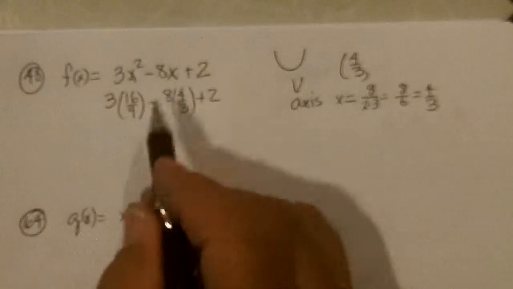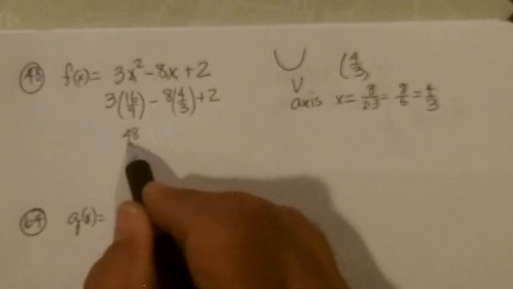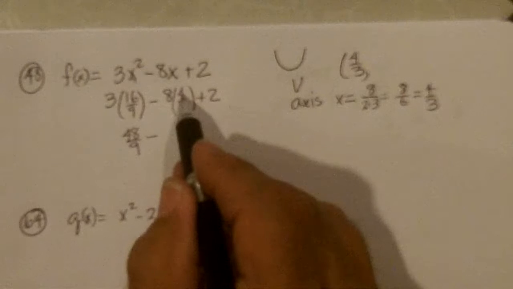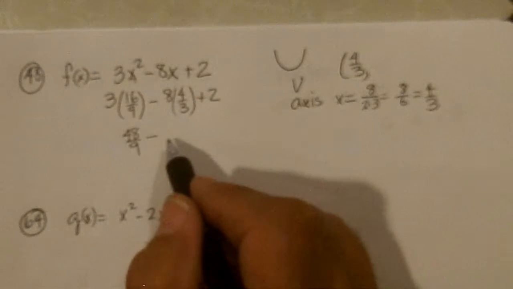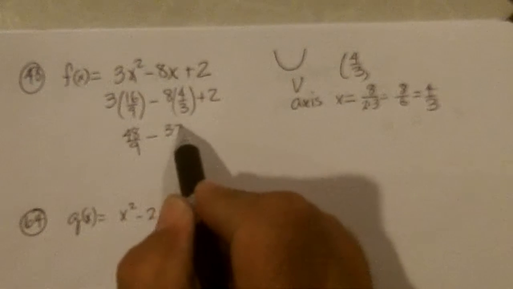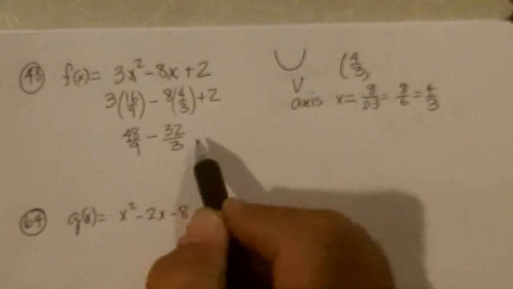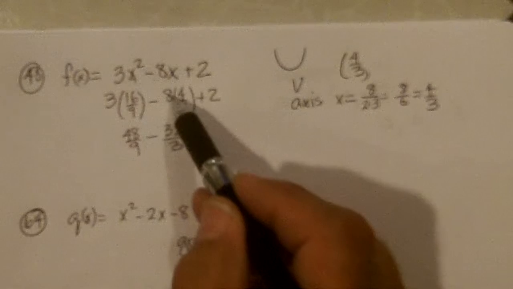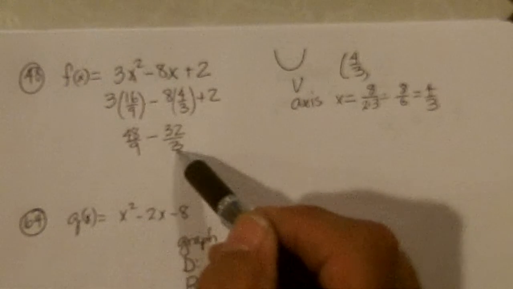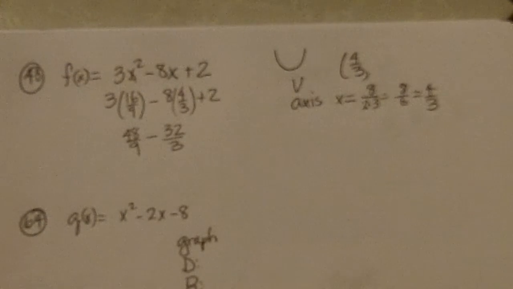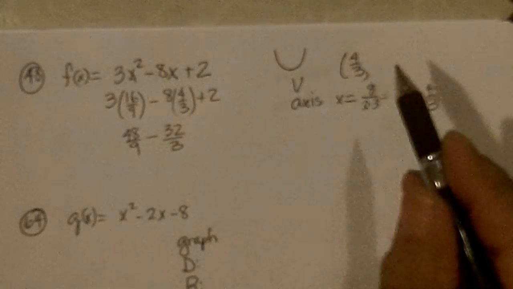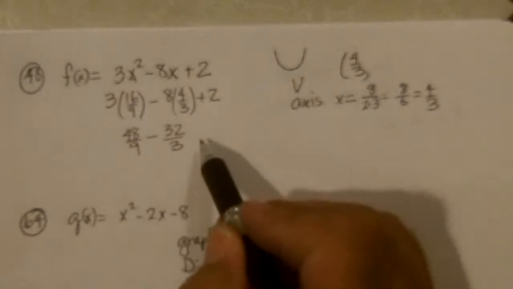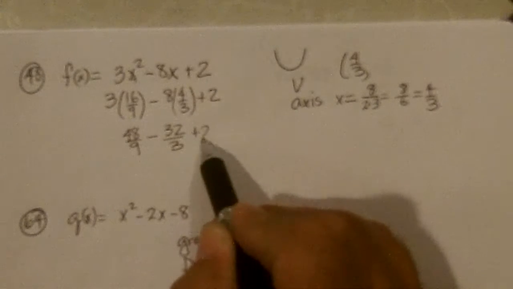So this is 48 ninths minus 4 times 8, 32 thirds. 8 times 4 is 32. What did I do? 4 thirds minus the opposite of b over 2 times a. Okay, that's right. Plus 2.